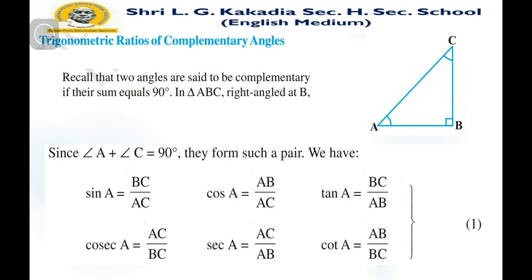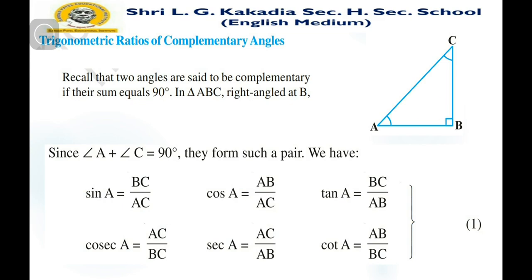Tan A is equal to BC over AB. Cosec A, that is hypotenuse over opposite side, is AC over BC. Sec A is equal to AC over AB, and cot A is equal to AB over BC. Let us consider this as equation number 1. So we have all the trigonometric ratios according to angle A.